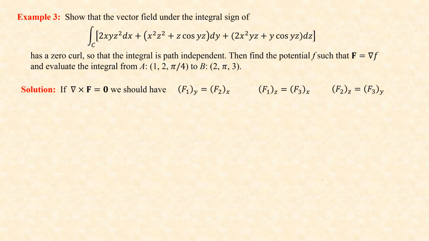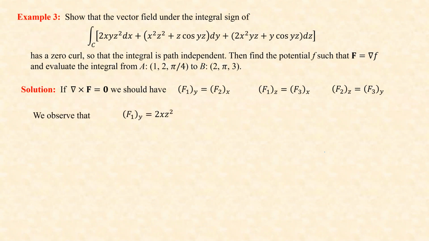This is the third component of the curl, z component equal to 0 gives us that. And the middle one is the y component of the curl. The last one is the x component of the curl. So we have to have these conditions for the curl to be 0 everywhere. Do we have that?